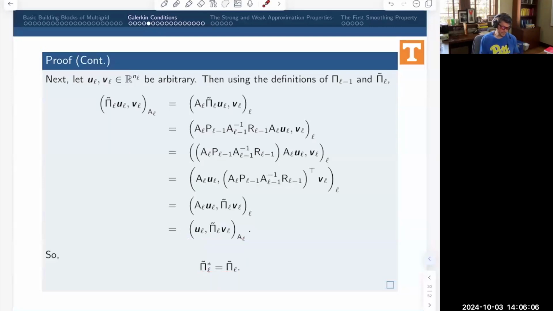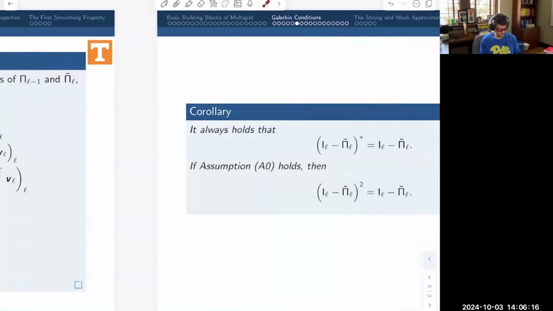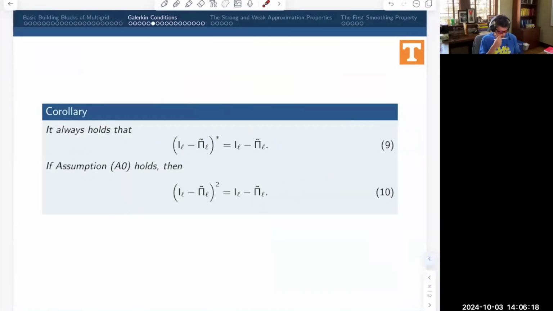So no matter what we choose for our family of stiffness matrices, whether they solve the strong Galerkin condition or not, they're always going to be self-adjoint. As a corollary, we have that the matrix I_L minus pi L tilde is also going to be self-adjoint. That's just because we're adding something which is self-adjoint onto it.